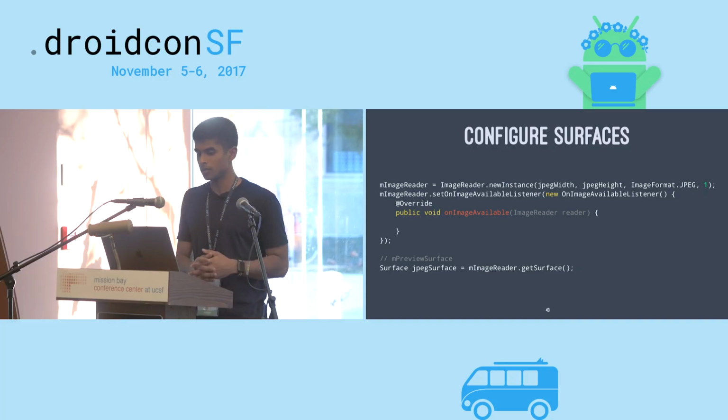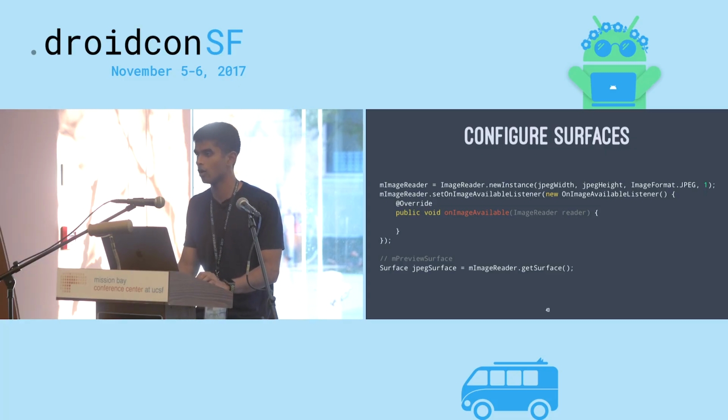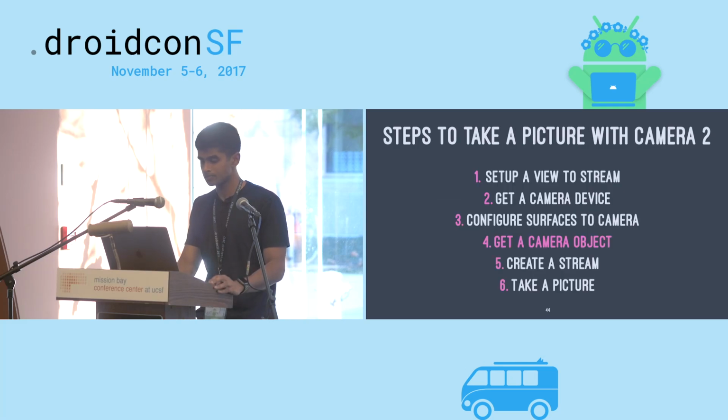And then you set an on-image-available listener. Inside, once you get the image reader, you can always use it to get the latest image or the next image, and so on. And it usually returns you the image frames. Once that's ready, you want to get the surface for the image reader for the next step.